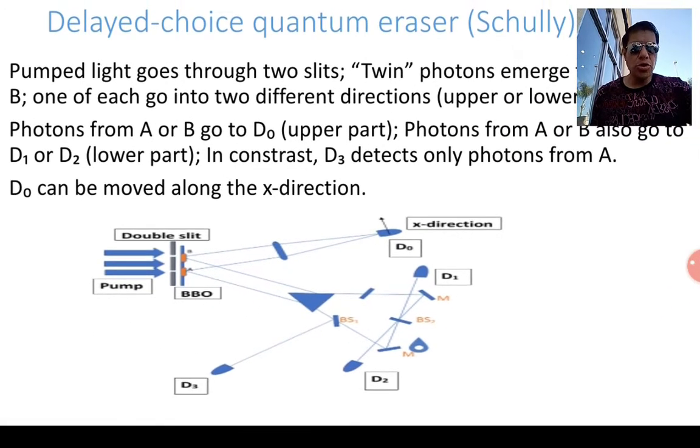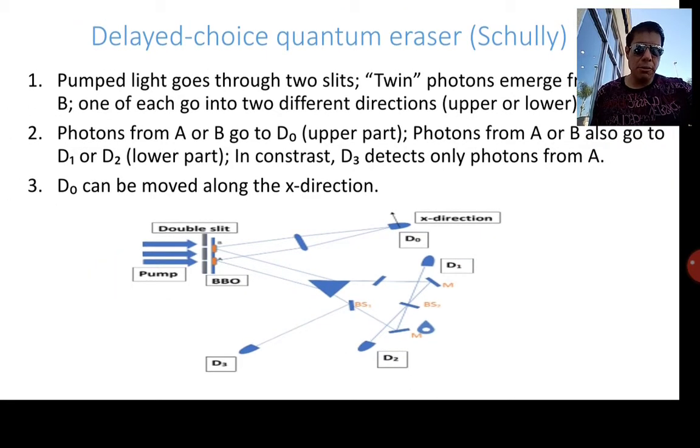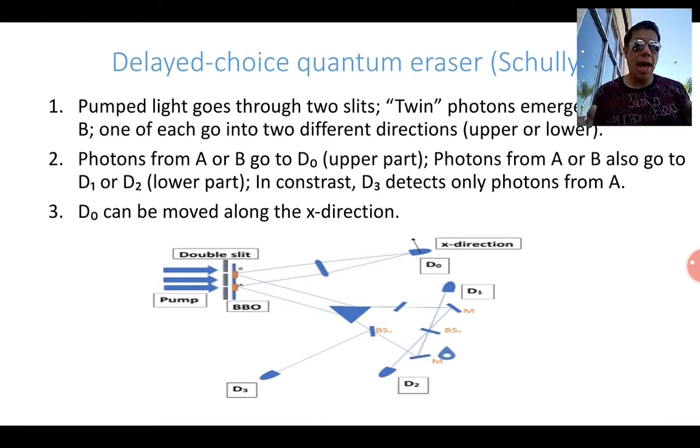Now, the shortest path is to D0, but it takes longer for the information to go into D3 or into D2 and D1, right? So that tells you that information doesn't arrive at the same time. So each detector is measuring the information at different times.